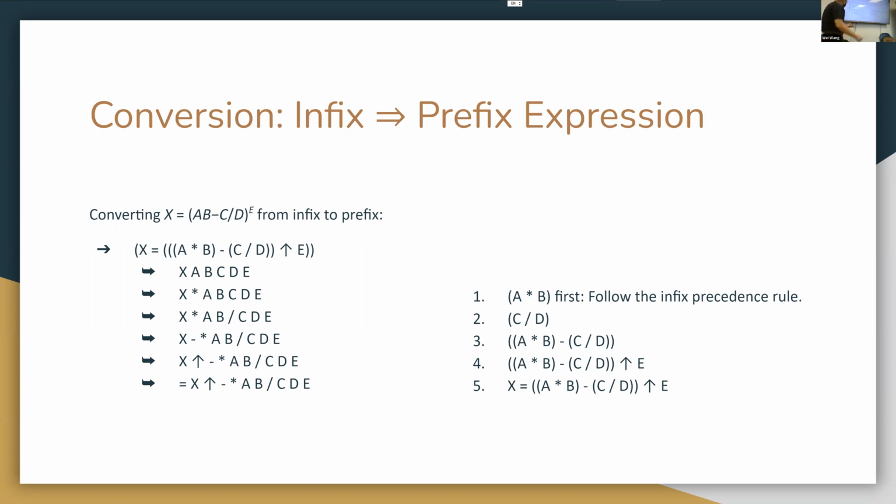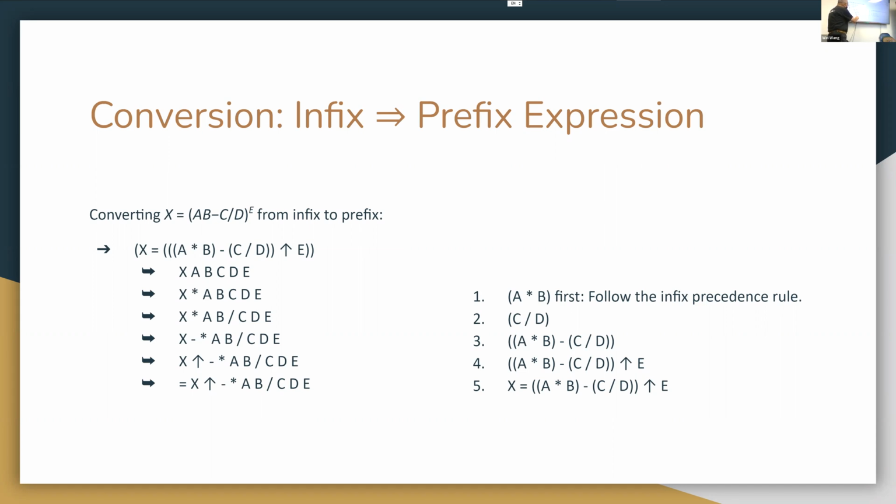Because when you evaluate this, you will see that you will have an operator. So you can't do anything with all these until you see an operator with two operands. So that gets evaluated first.